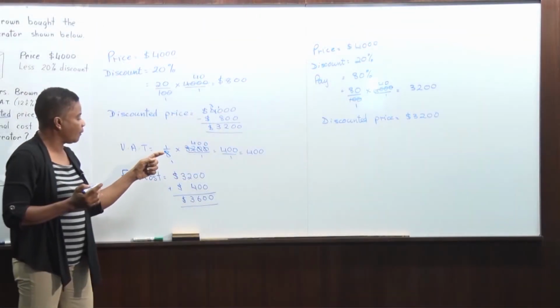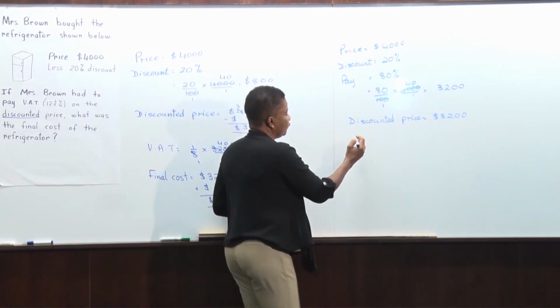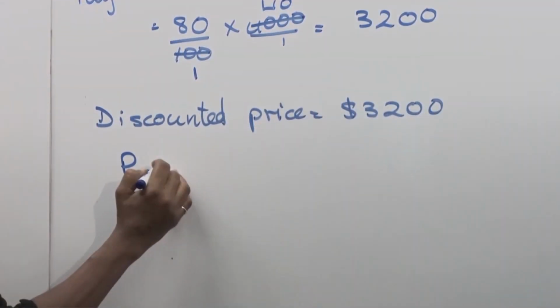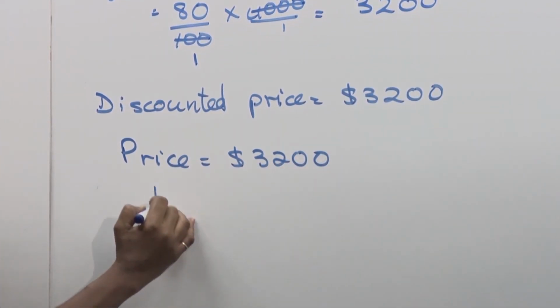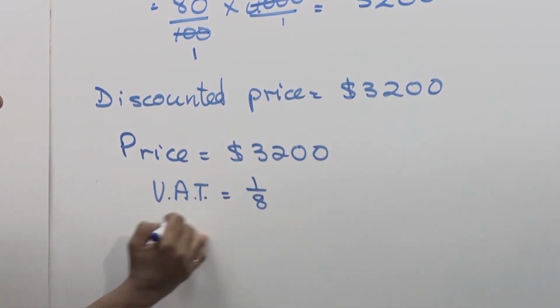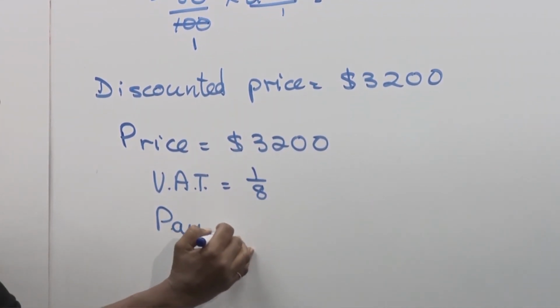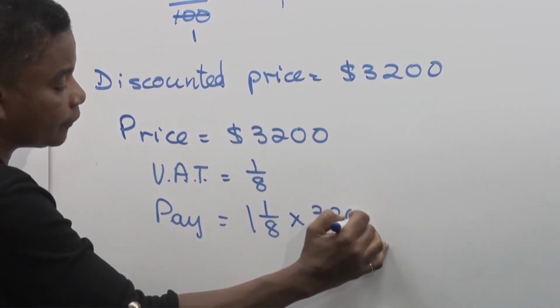But do you remember how we did the VAT previously? Yes, we added it on. So if the price is now $3,200 and the VAT, value added tax is 1/8, then she is going to pay, excellent, 1 1/8 of the discounted price.